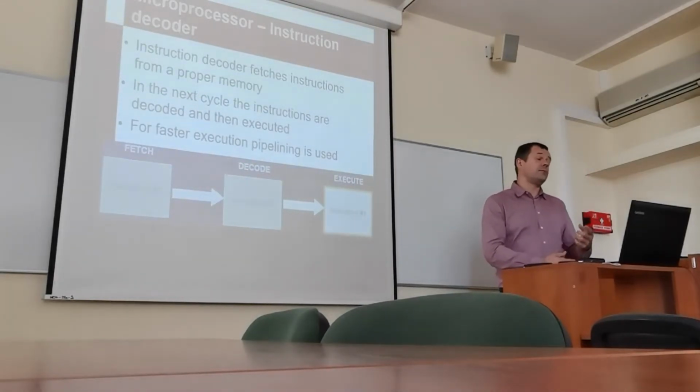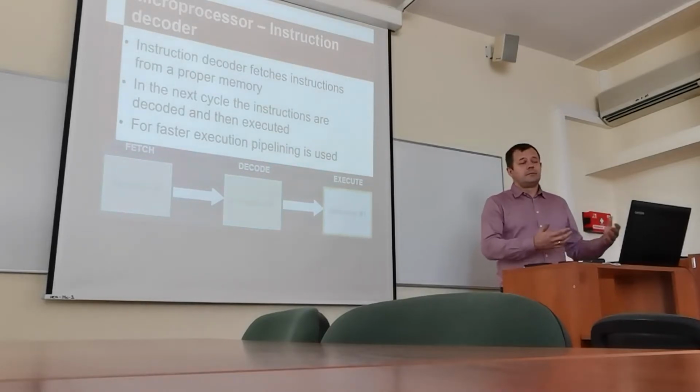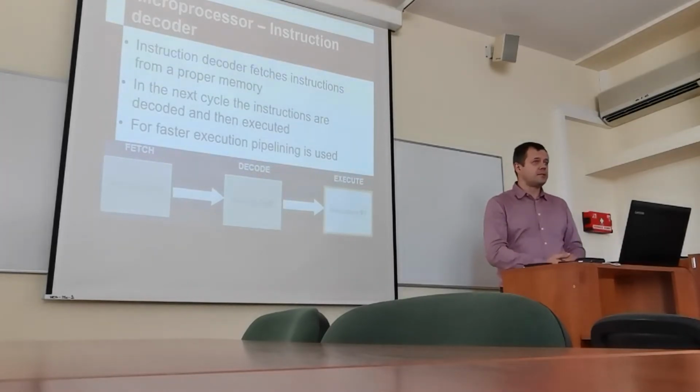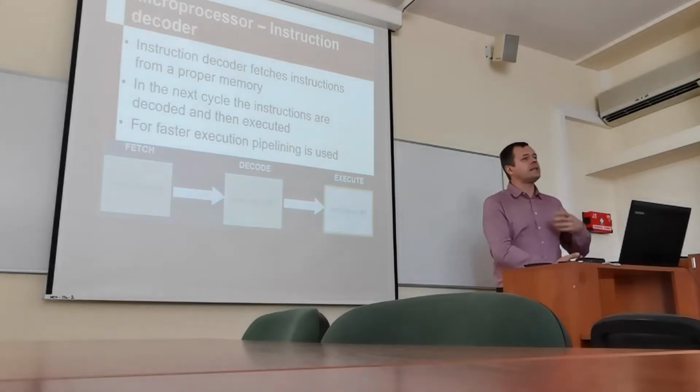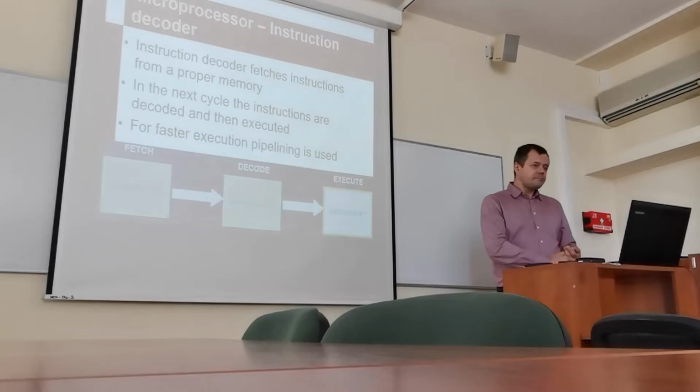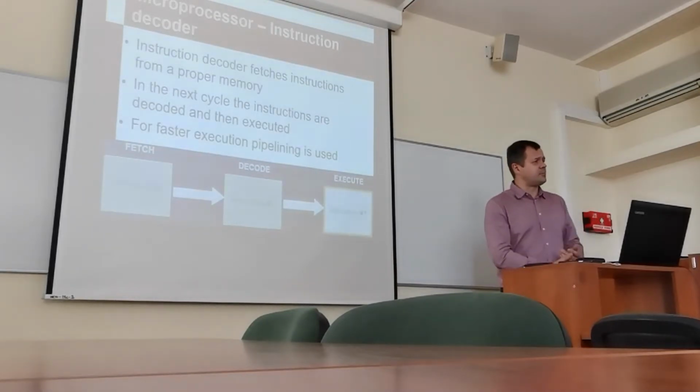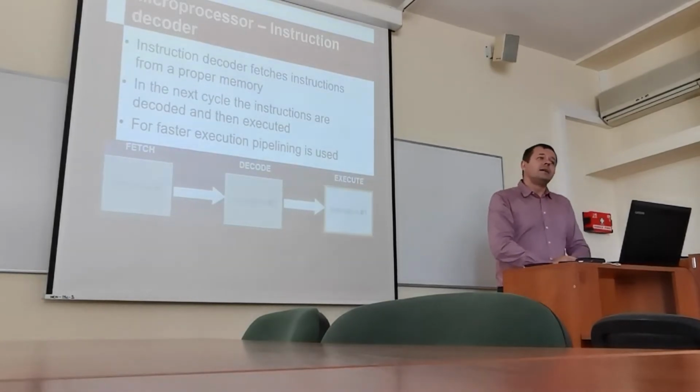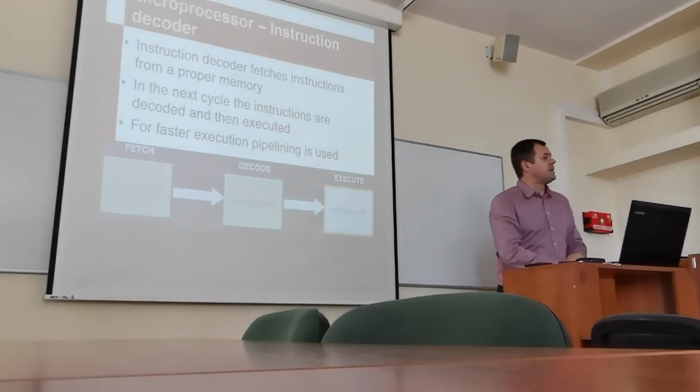But if we start working with clocking speeds of 16, 20, 24 megahertz, and if we go towards hundreds of megahertz, which is the case today, if we want to parallelize operations, which is the case today, then the fetching itself is not so simple anymore.